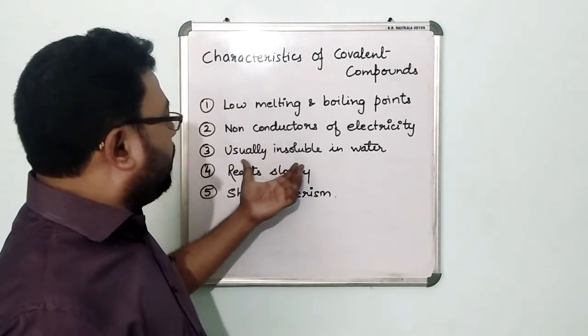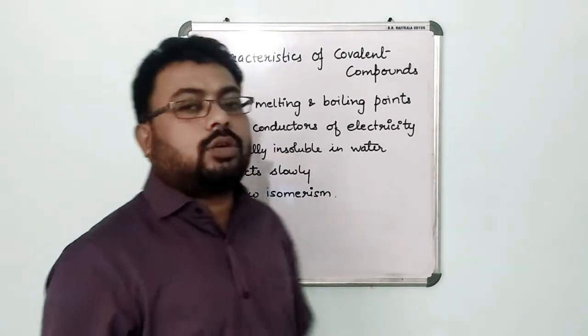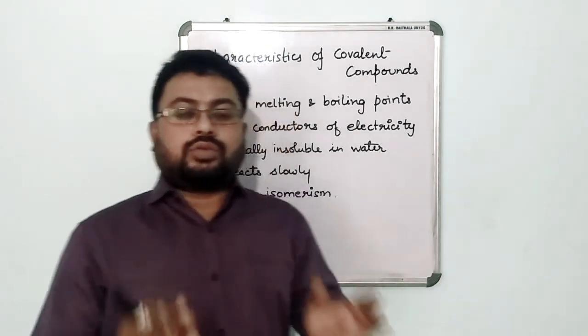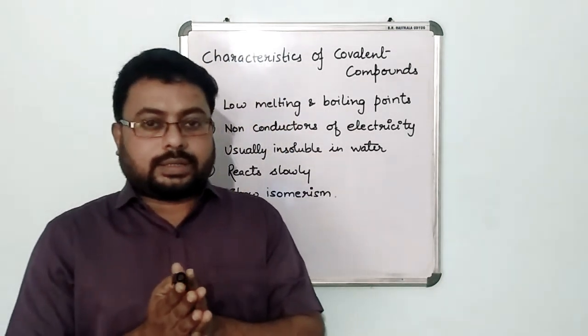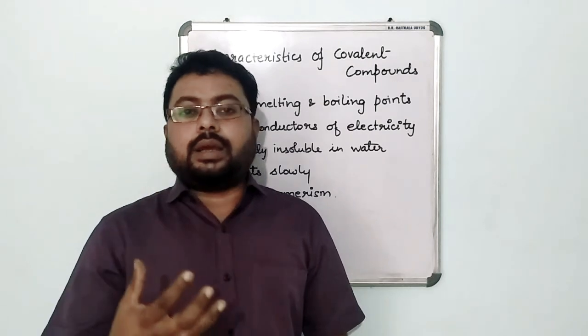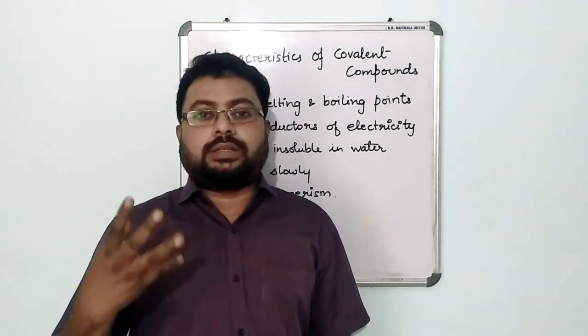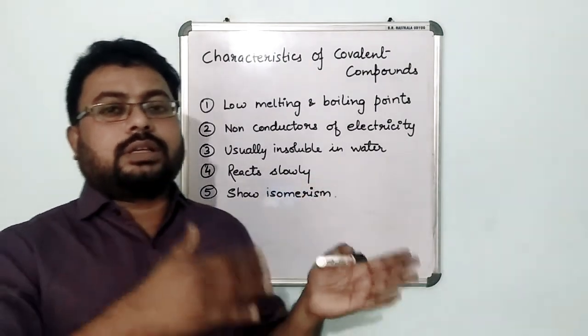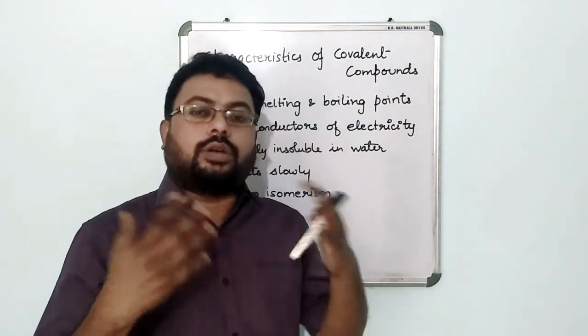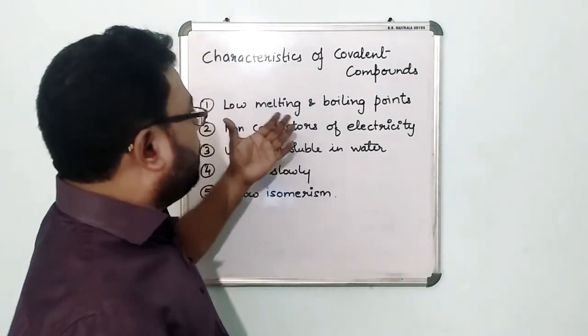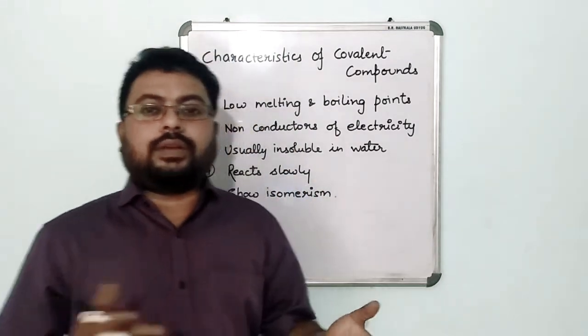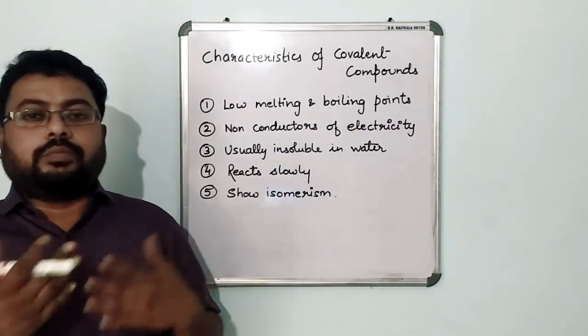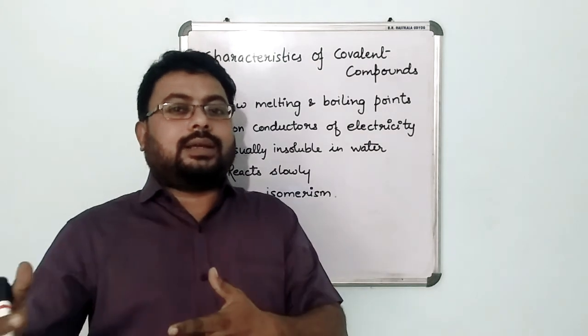The third point is that they are usually insoluble in water. Water is a polar solvent, as I told you. Any compound which has polarities, or positive and negative ions, will be soluble, but covalent compounds don't have any positive or negative ions, they don't have polarity as such.